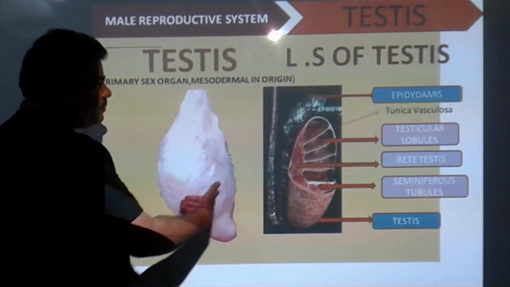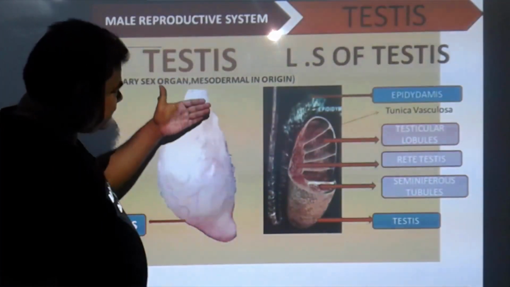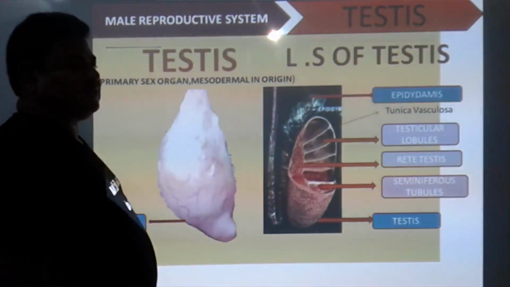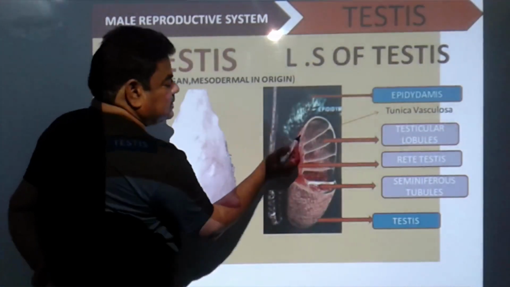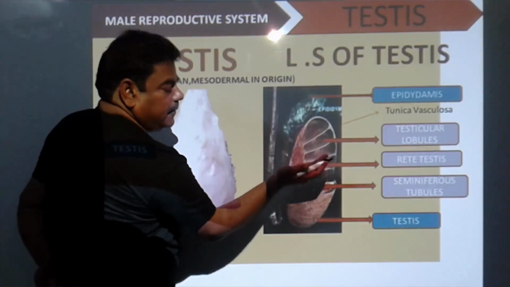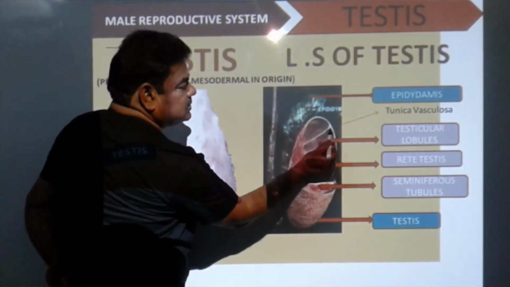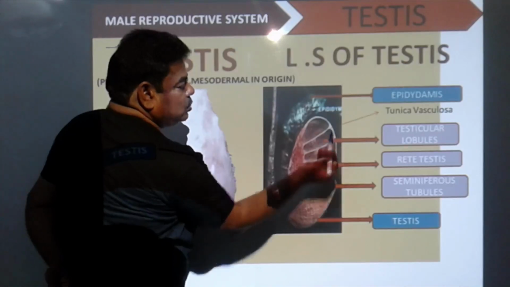If you take a vertical section of the testes, inside the testes these compartments are seen, and these compartments are formed due to one layer known as the tunica vasculosa.